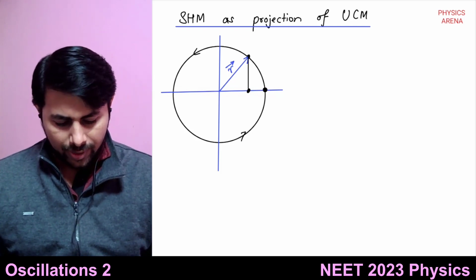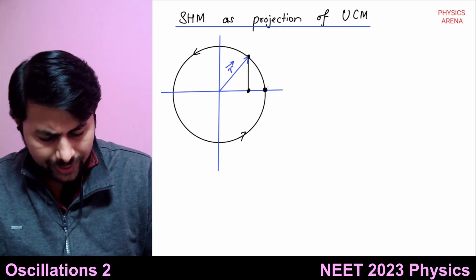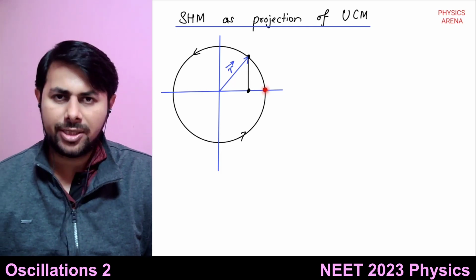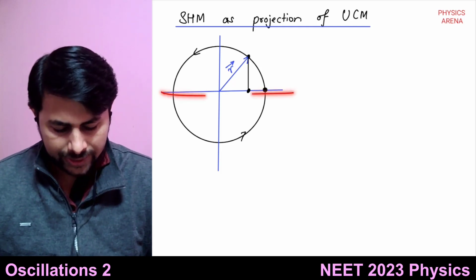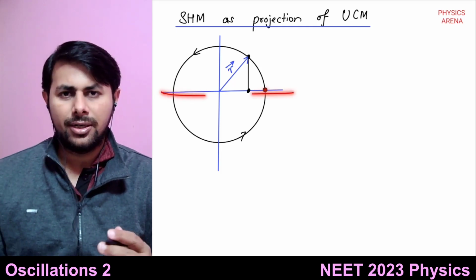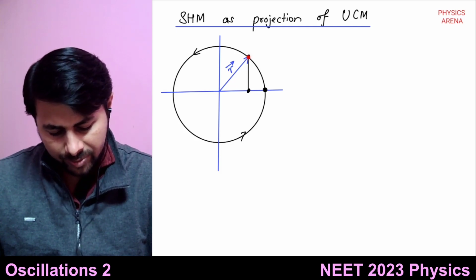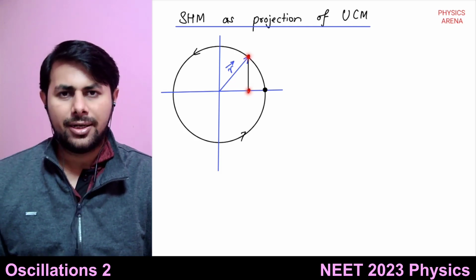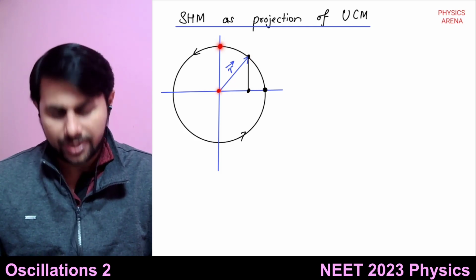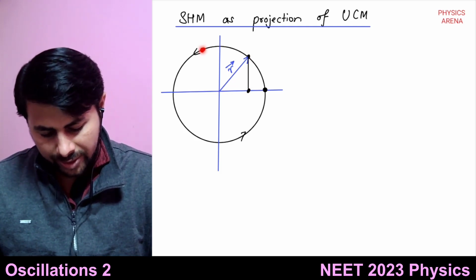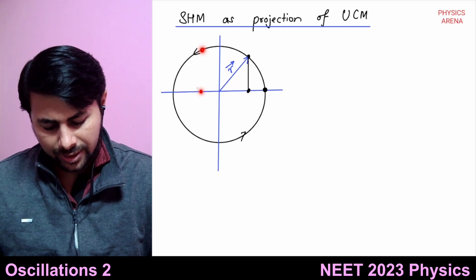Okay, so see, when this object was here, then its projection on this x-axis was also at the same point. When object moves here, projection is at this point. When object moves here, projection is here. When object moves here, the projection is here.